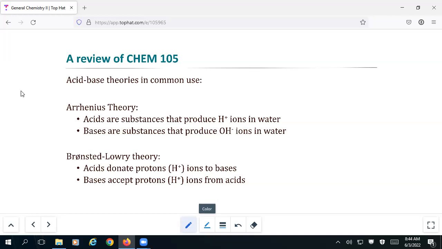And so that's what we settled on as where we were going to stop our defining of acids and bases in Chem 1. We looked at the movement of protons, the movement of hydrogen ions. Acids lost them and bases took them.